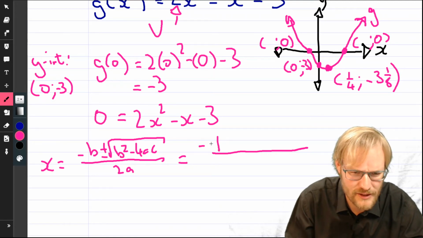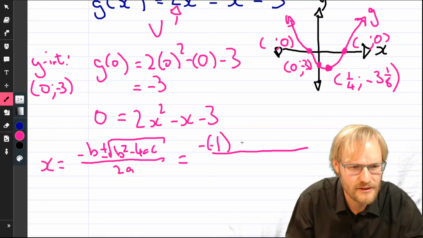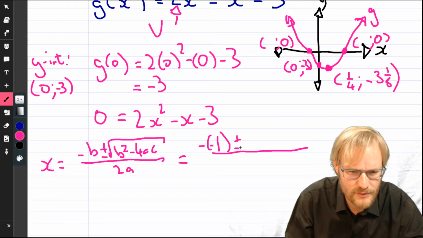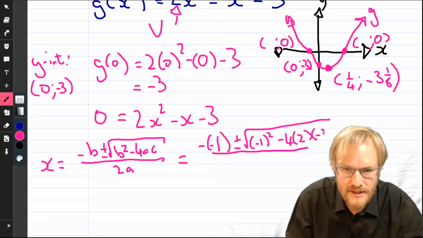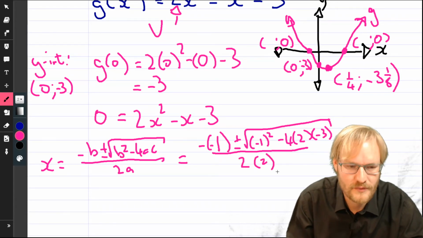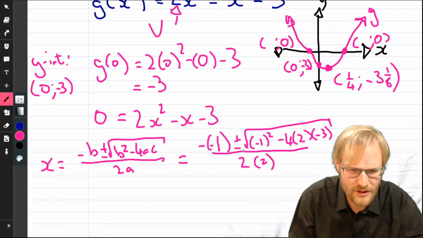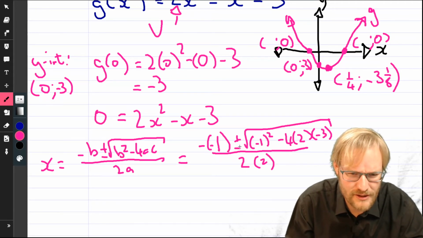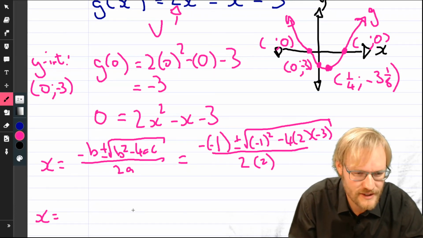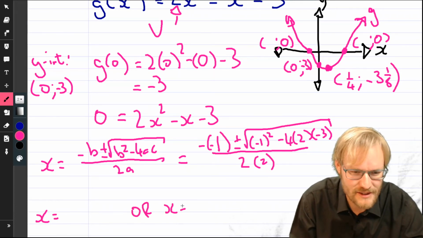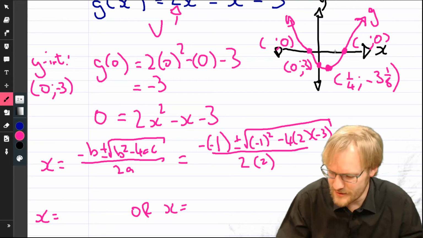But if you want to, let's do that so it's clear: negative negative 1 plus or minus the square root of negative 1 squared minus 4ac, everything over 2a. Okay, so we're going to punch that into our calculator, start with a negative and then positive, and we're going to get two values for x, relating to our two x-intercepts.